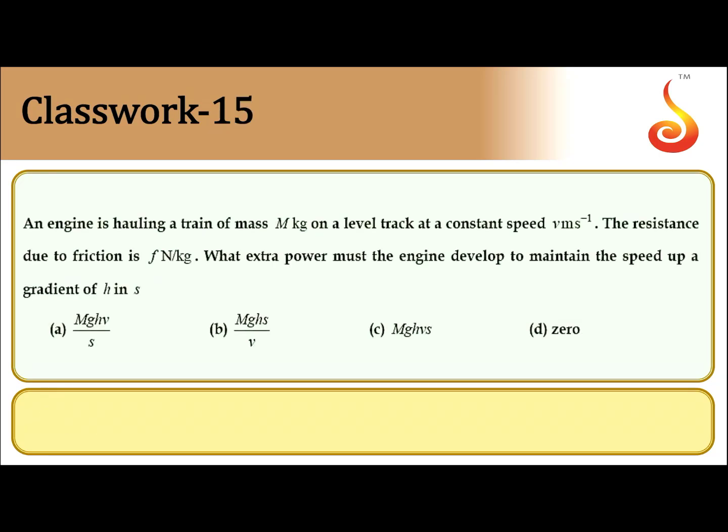Question number 15. An engine is hauling a train of mass m on a level track at a constant speed of v. The resistance due to friction is F. What extra power must the engine develop to maintain the speed up a gradient of h in S?